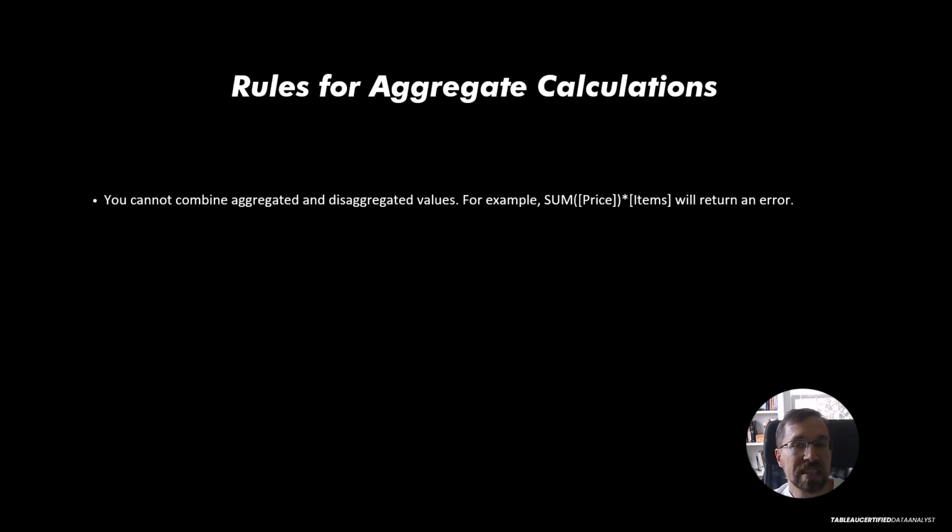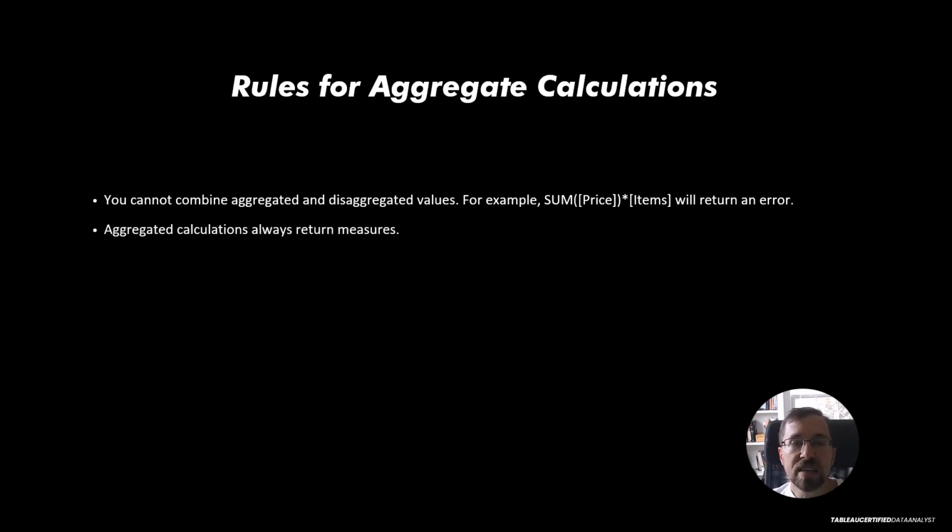And so now you have a single value, the sum of price. And so how would you then multiply that single value by the individual items? It doesn't really make sense to do that, and so Tableau won't allow you to do that. Since you have 20 values for items, but only a single value for sum of price, you can't multiply that one value times the 20 values in any meaningful way. So Tableau returns an error.